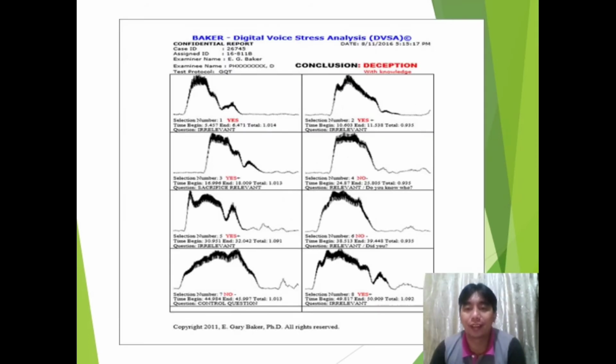Okay. So this is an example of the graphical presentation of the results of the psychological stress evaluator. The first question was, I don't know if you can see, an irrelevant question, and if you notice here, it's still solid, right?